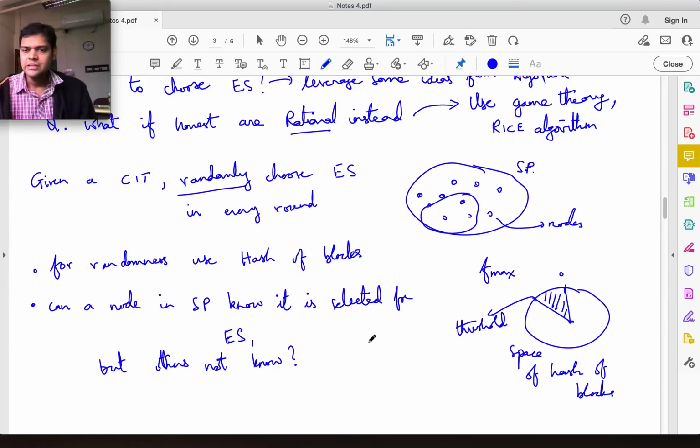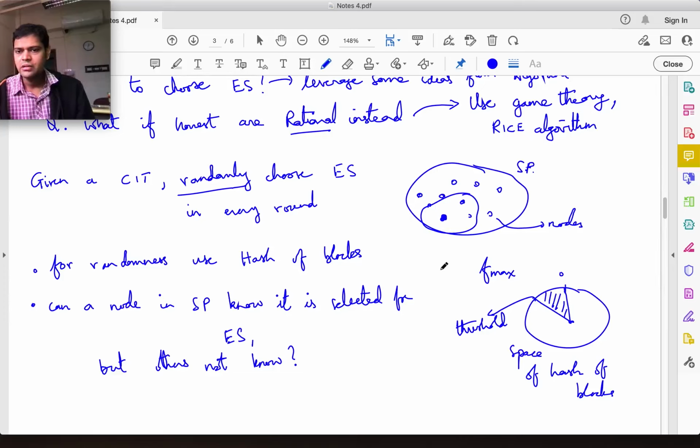Well, at least temporarily that would be a good property to have, because otherwise somebody might do a denial of service attack on that node. Somebody might know that this particular node has a certain IP address, suppose, and they know that this node has been selected in the execution set.